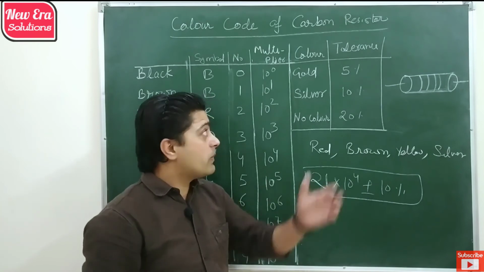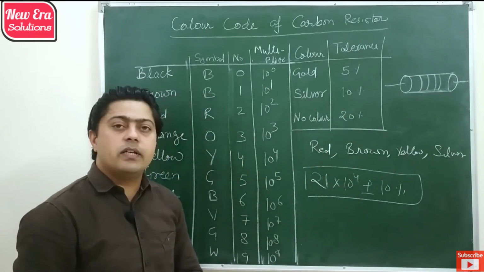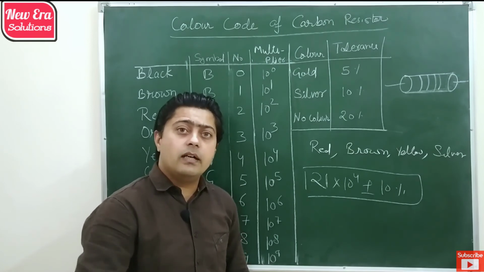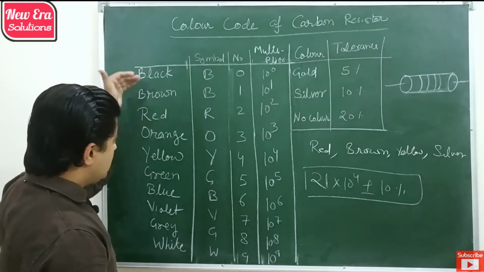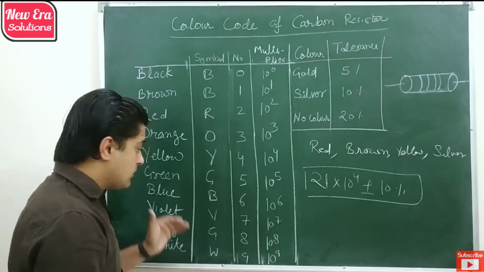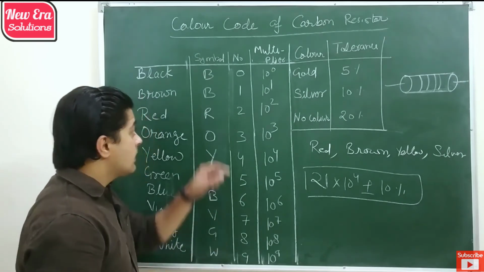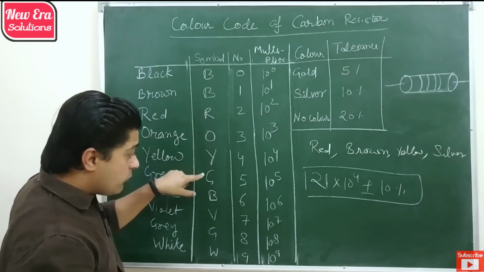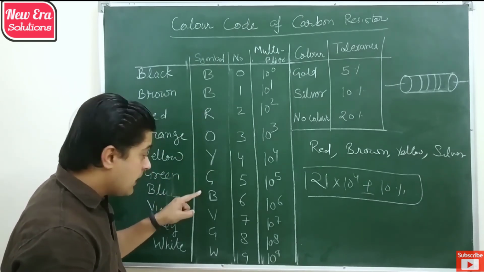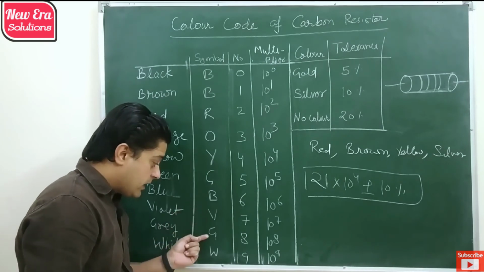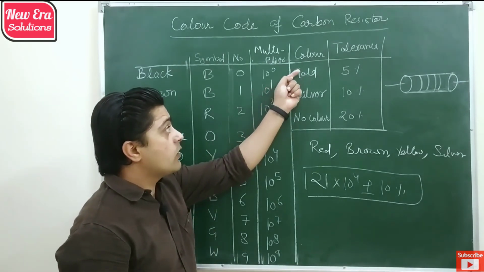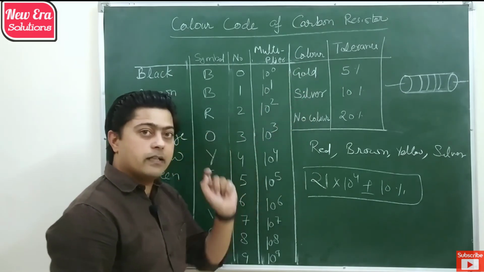Now to memorize that complete table, we have a shortcut by which you can remember all the numbers and multipliers. As we convert these colors into symbols, you can memorize it like this: B.B. Roy of Great Britain had very good wife wearing gold silver necklace.